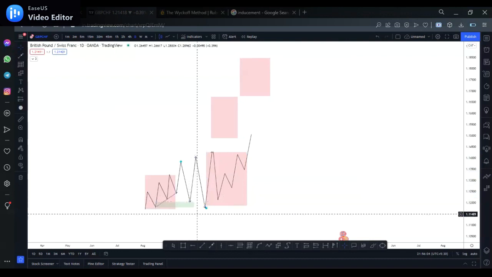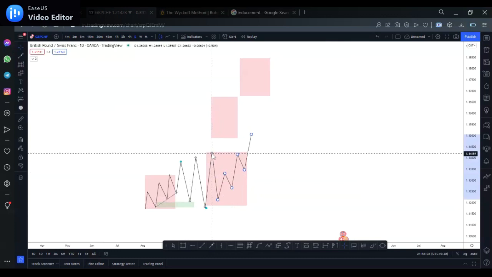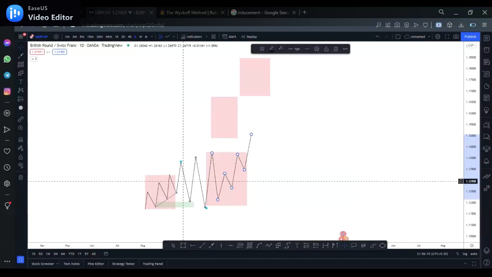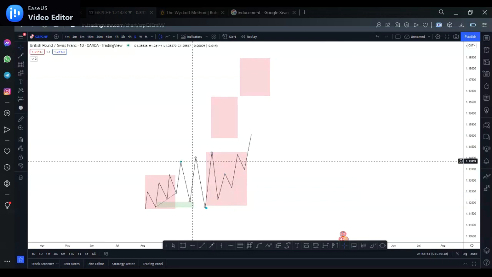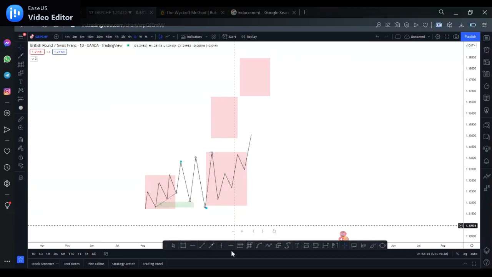Okay, I can't break down every single idea in detail for you because you have to backtest this to understand how all this works. But if you already know what an inducement and liquidity are, and you understand the basic concept of structure and smart money concepts, you should get a lot of explanation from all this.